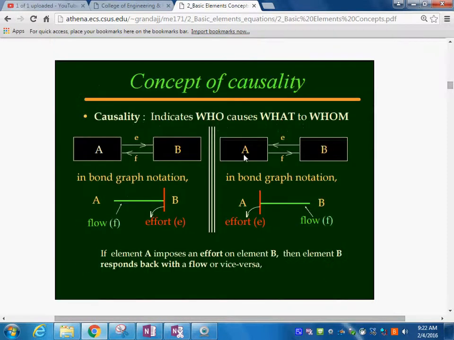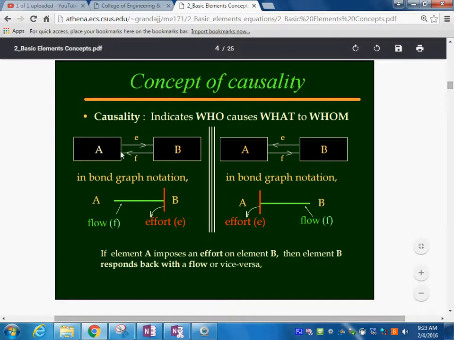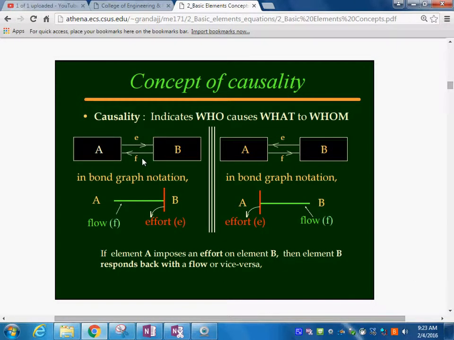So if we can recognize the type of elements that each one of these represents, then we can actually make the model of this. Now there is an important concept that we need to go over, and that's the concept of causality, the interaction between element A and element B. In this particular case on the left-hand side, A acts on B through this variable E. B responds to A with the variable F. So if I apply a force to a body, the body acquires a velocity, right?